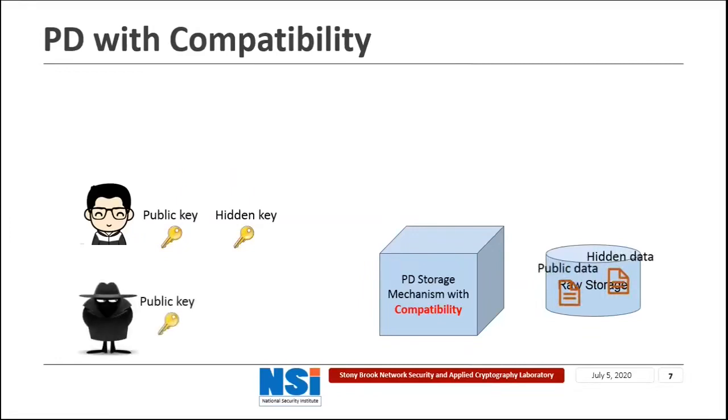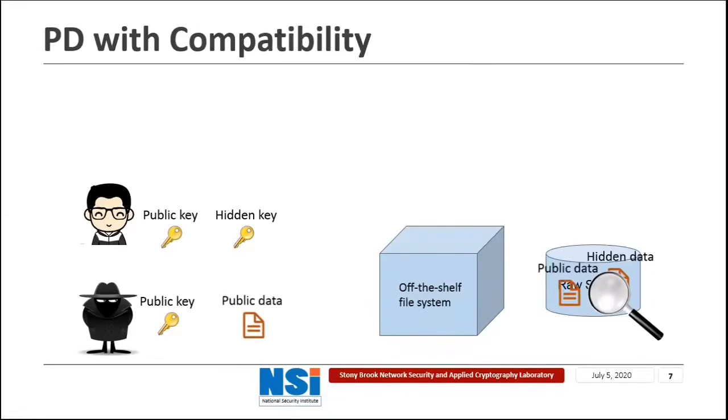When an adversary has access to the same storage device, he will ask for the encryption keys from the user, and the user will give the adversary the public key and tell the adversary that an off-the-shelf file system is used. With the public key, the adversary can get the public data from the storage device by reading it as an off-the-shelf file system. However, the adversary has no way to know that the user is using a PD scheme and has stored some hidden data in the device.